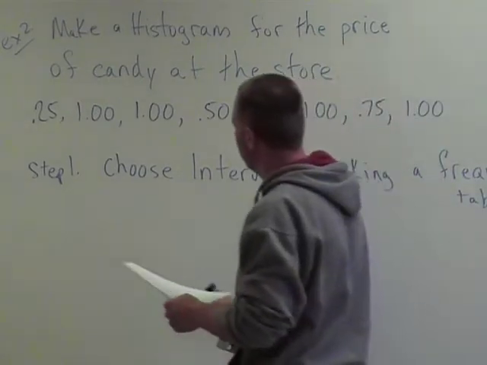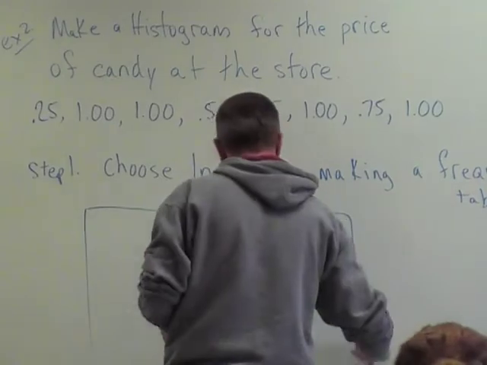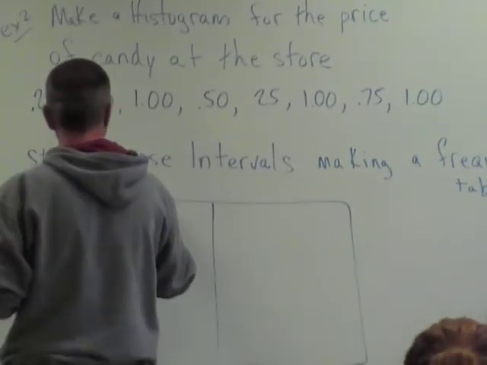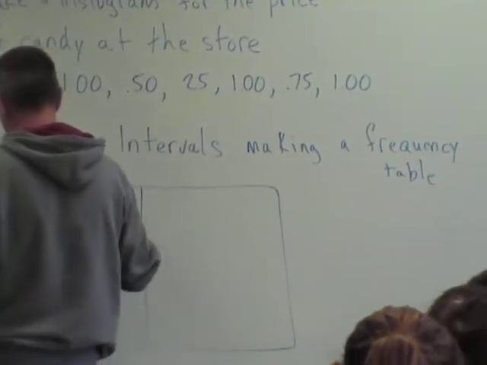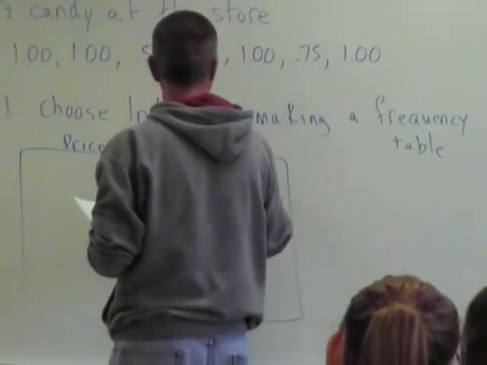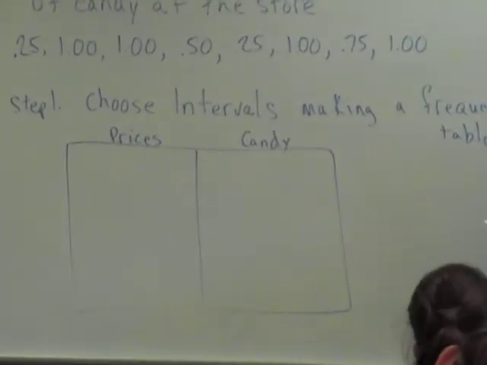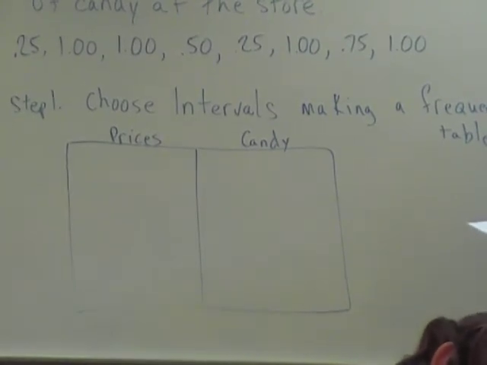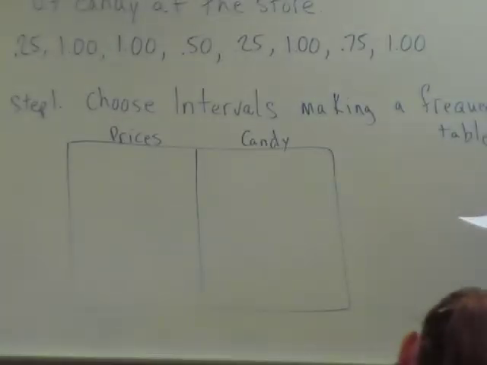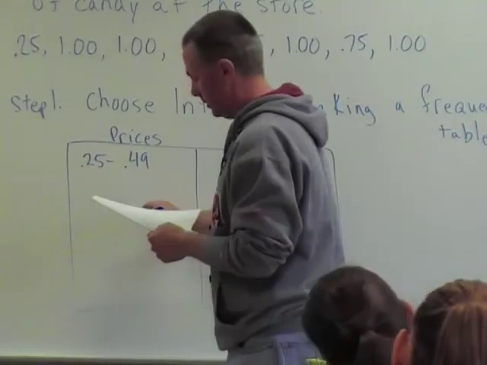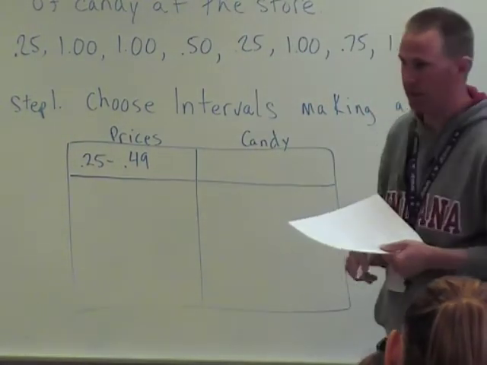All right, so here's what I did. I made my own table. I'm going to put prices on the left and how many candy pieces are on the right. So now this is frequency. This is a range of prices. So from a quarter to 49 cents, that's going to tell me how many of those I have.